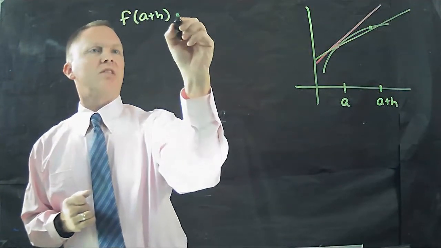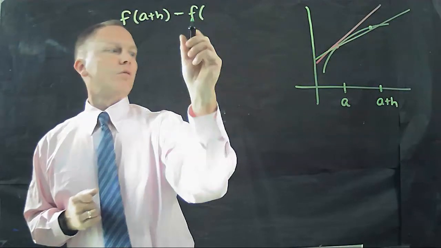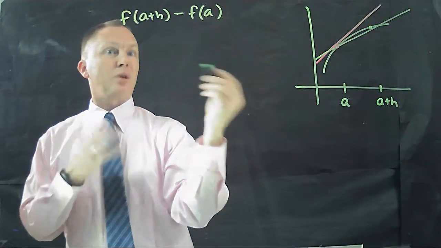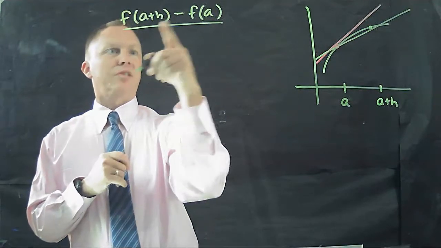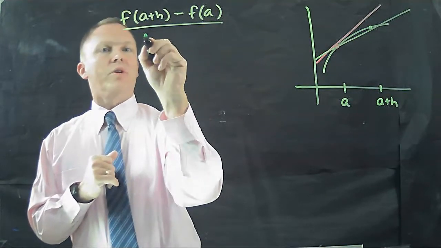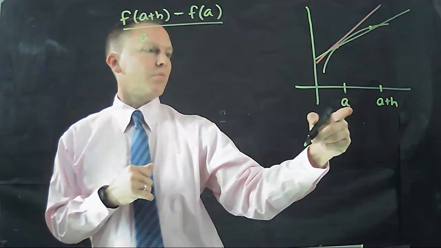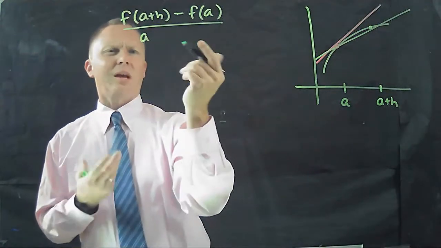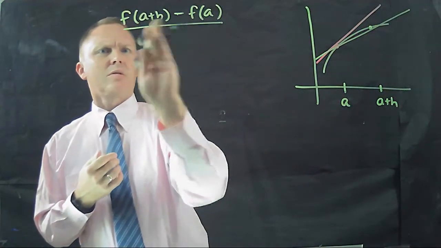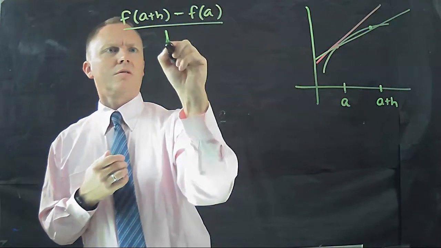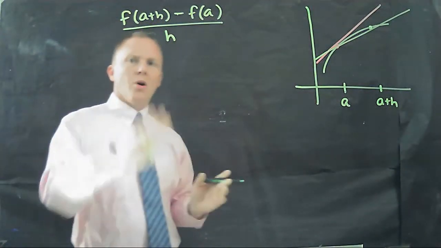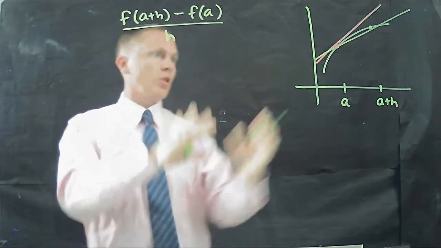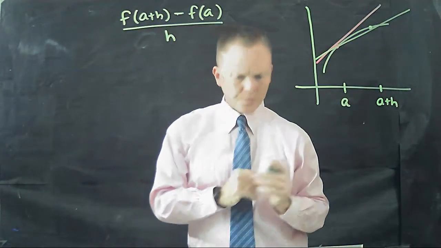The slope of that secant line, or the average rate of change of f between a and a plus h, is going to look like this: f of a plus h minus f of a, over a plus h minus a, which we can just call h. So that's the slope of the green line, the secant line.